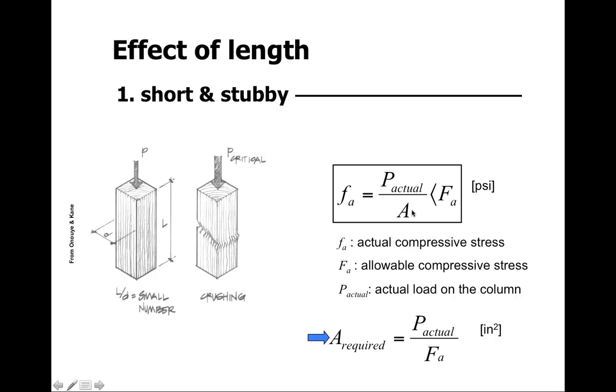Well, P over A is our formula for stress, what we're familiar with, as in pounds per square inch or something of that sort. So if we know what our P is, we can size our A, or the area, so that we have sufficient bearing area on that short stubby column, so that the value of f sub a here is less than the allowable compressive stress.